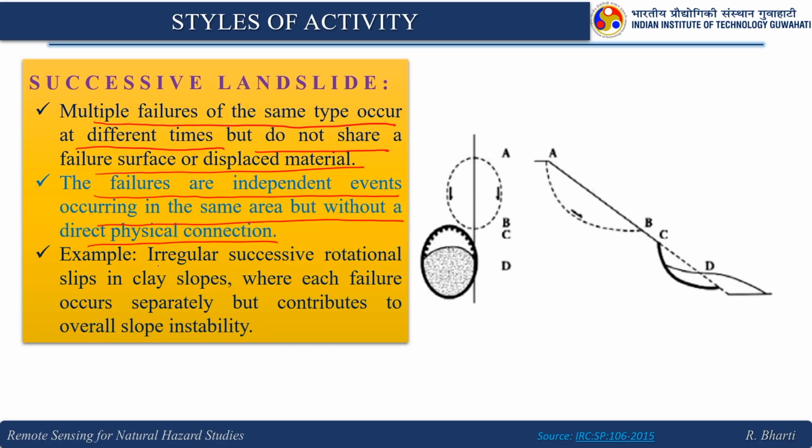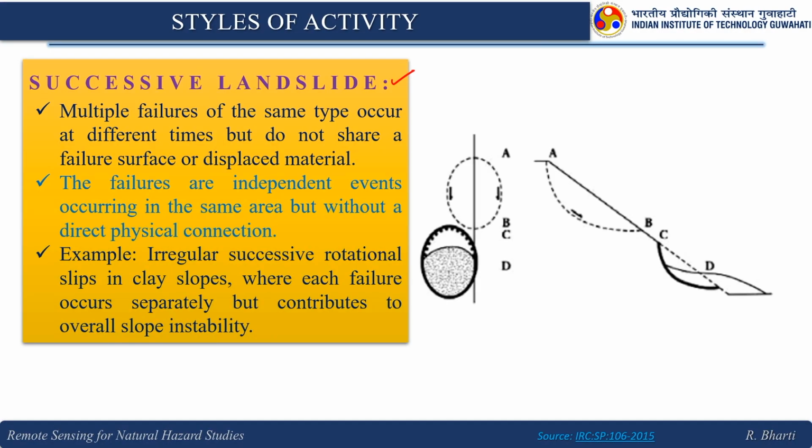For example, irregular successive rotational slips in a clay slope, where each failure occurs separately but contributes to overall slope instability. So, when we talk about this successive landslide, it is the multiple failure of the same type of landslide, right. So, when it is happening, we call it successive.